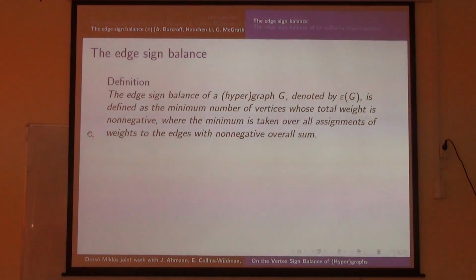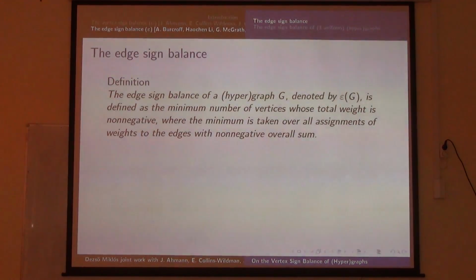So I have some time, so I go to the dual of the vertex sign balance. Again, it doesn't take too much time once you get from the mathematical single property to vertex sign balance, then to move forward and take the other way of weighting of a hypergraph.